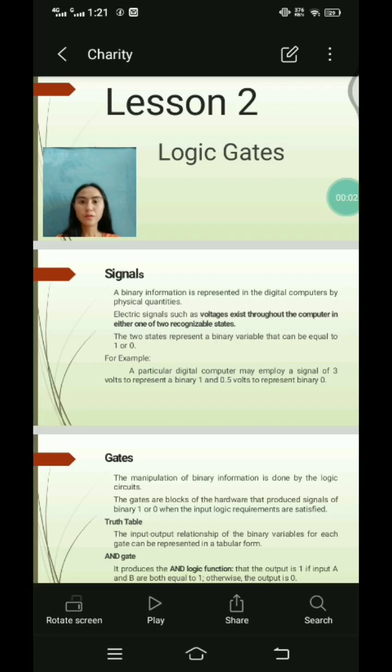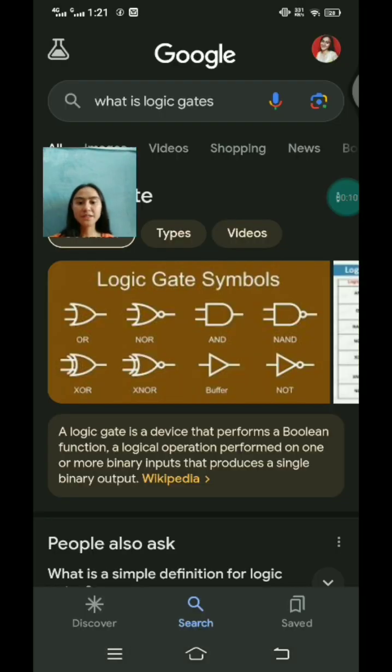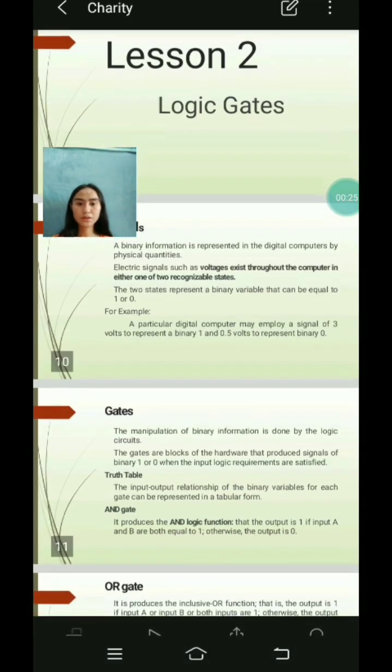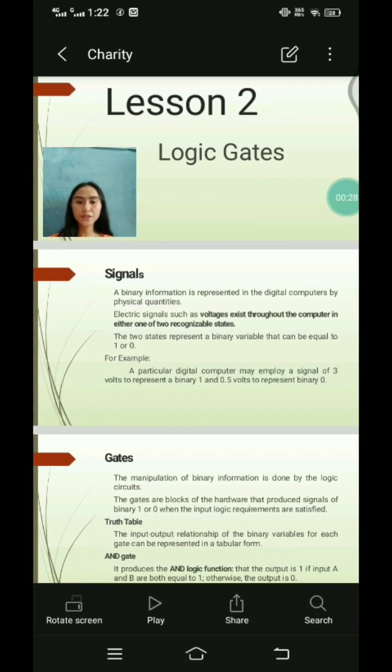Now, let's move on to lesson 2, the logic gates. A logic gate is a device that performs a Boolean function, a logical operation performed on one or more binary inputs that produces a single binary output. So, signals: binary information is represented in digital computers by physical quantities.